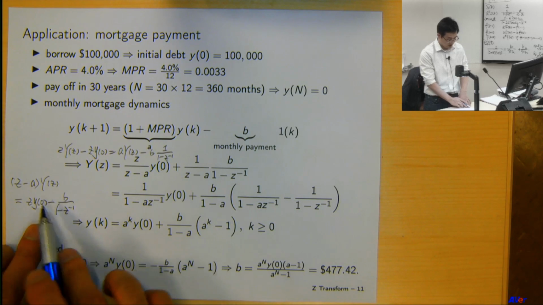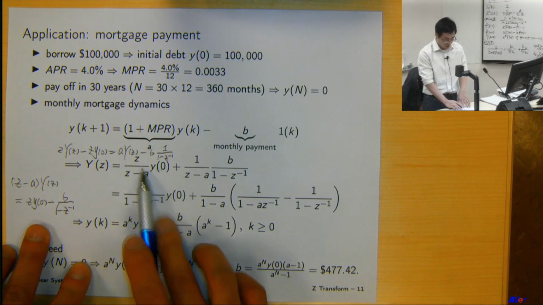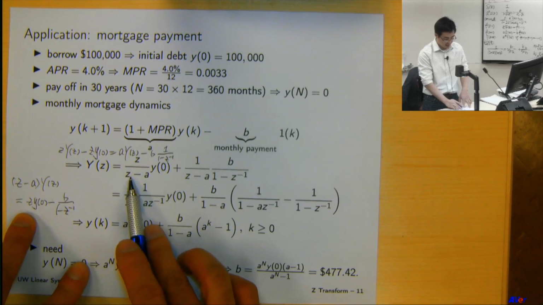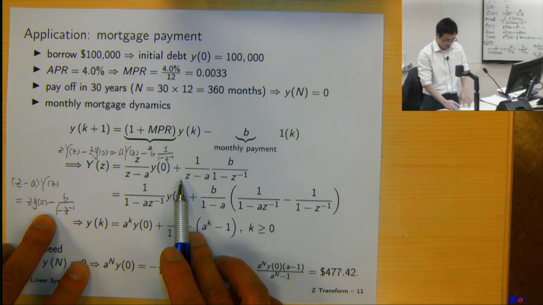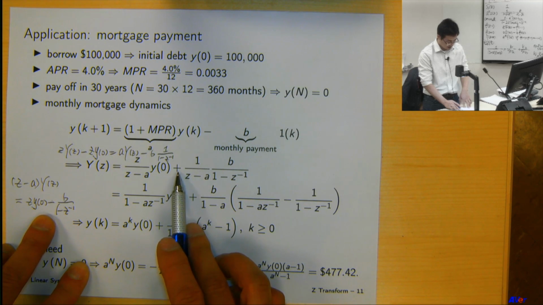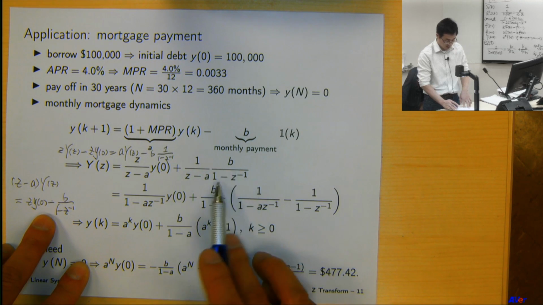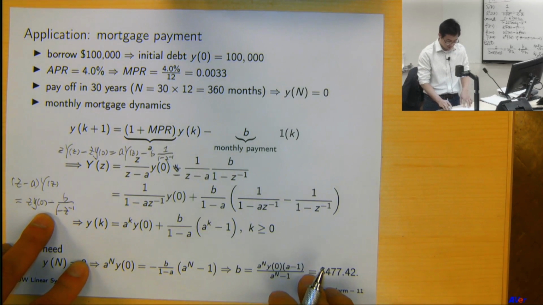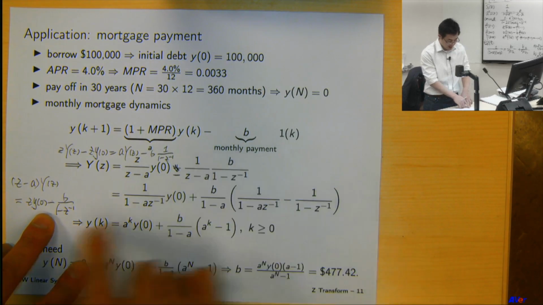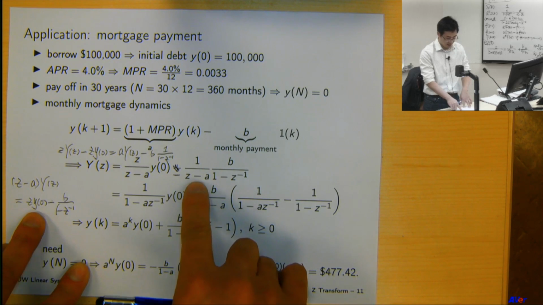And then divide both sides by Z minus A, we get Y(Z) equals Z over Z minus A times the initial condition, minus B divided by (1 minus Z inverse) times (Z minus A).